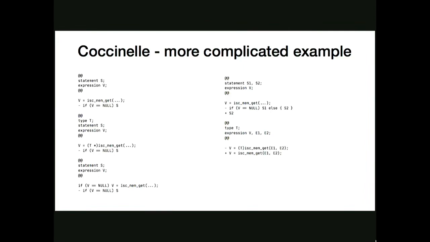And it's quite smart. It even can understand that if V is not null and there's a block and there's an else statement, you can just keep the other block, which is the condition on the first block on the right with the S1, S2. So it can do all kinds of transformations.